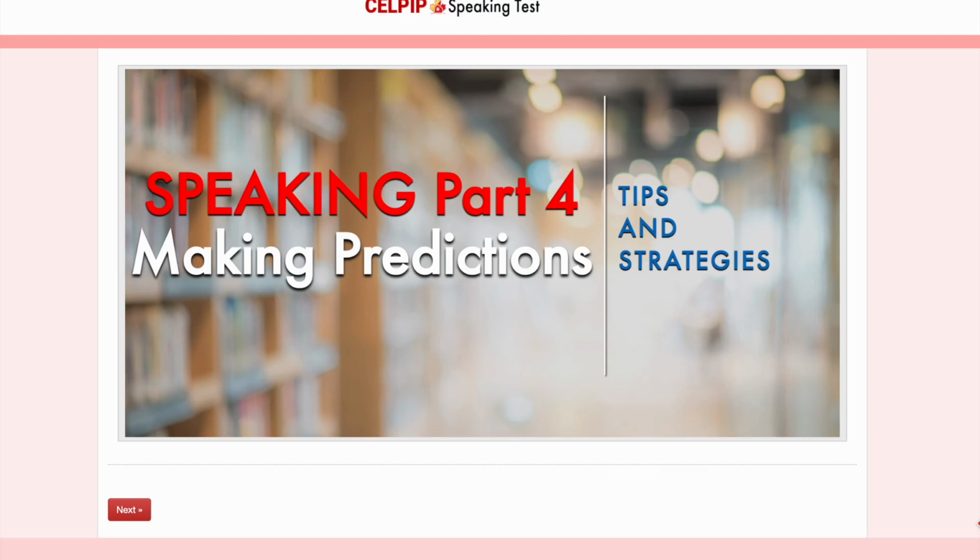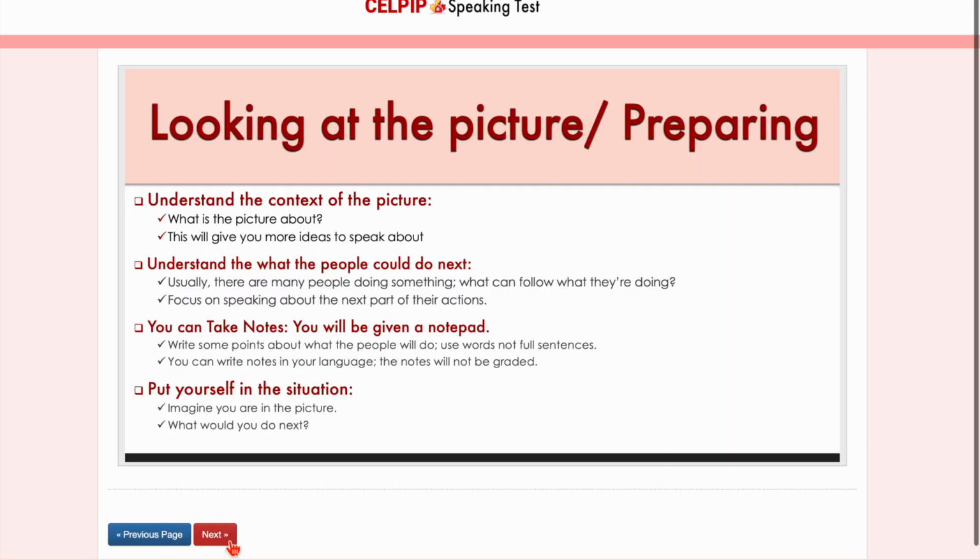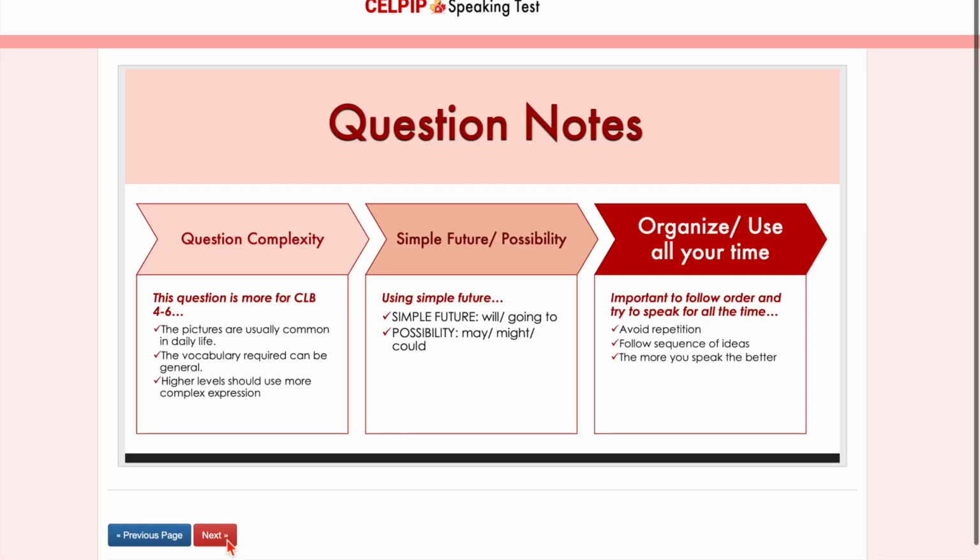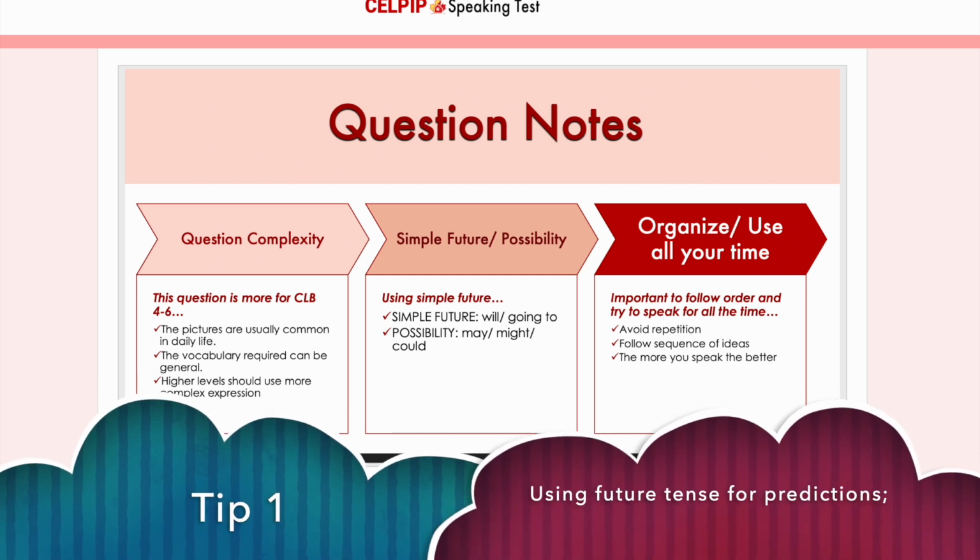Now, about some of the tips and strategies that I will be focusing on the most for speaking part 4. The first one, everyone, is about using future tense. It's very important. Part 4 is making predictions. So for that, we need to use future tense, okay?